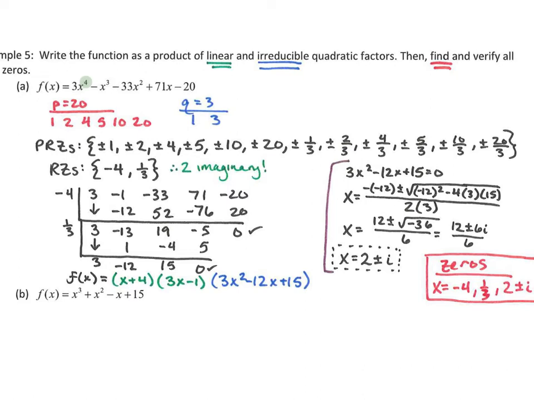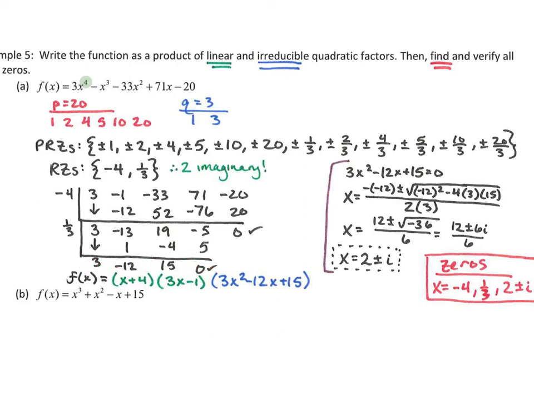Only 2 of them are real, because the real ones have to be in that list, so 2 of them are imaginary. Great, so we're going to take those 2 zeros that we found, and we're going to do synthetic division. We see that. And we arrive at the linear factors, which are the real ones, and the irreducible quadratic factor, which is what's left over in the bottom.